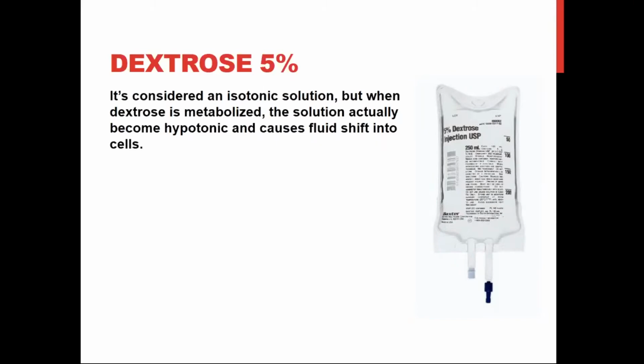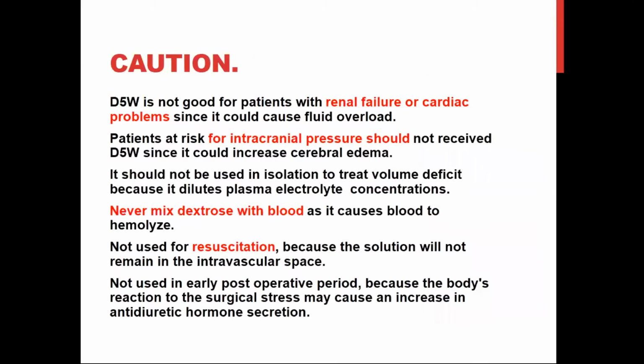What is the caution for use of dextrose saline? Dextrose water is not good for patients with renal failure or cardiac problem. Why? Since it causes fluid overload, like normal saline.